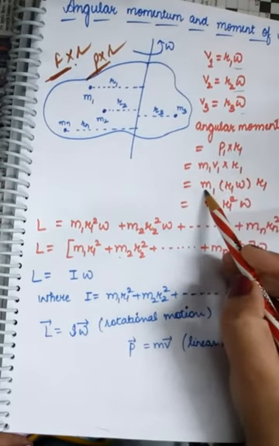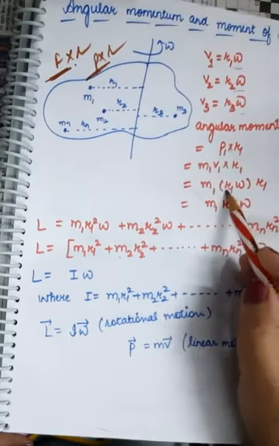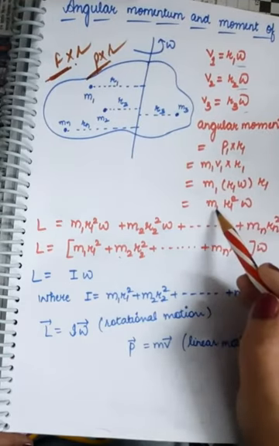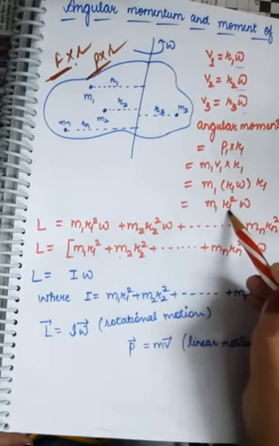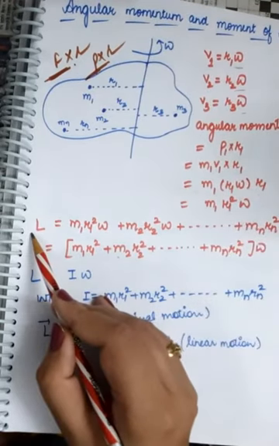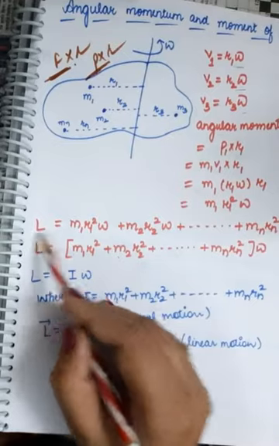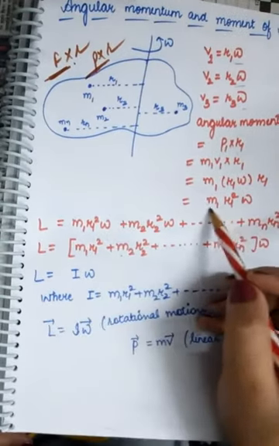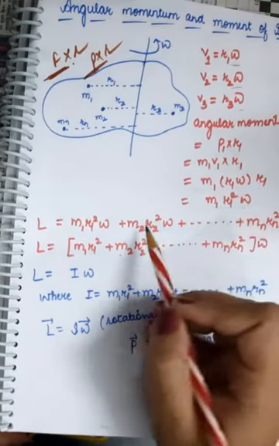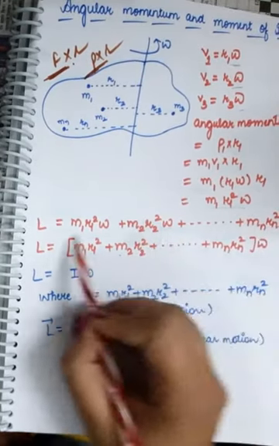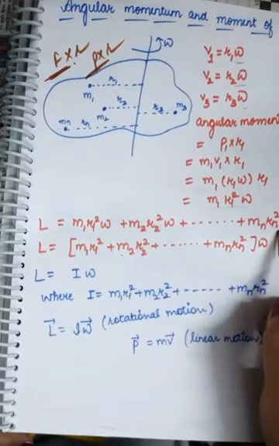M1 as it is, V1 has a value R1 omega, and cross R1 as it is, this will be M1 R1 square omega. And if you find the total angular momentum of all the particles together, this was for the first particle. Similarly for the second particle, it will be m2 r2 square omega. Just do it for n particles.